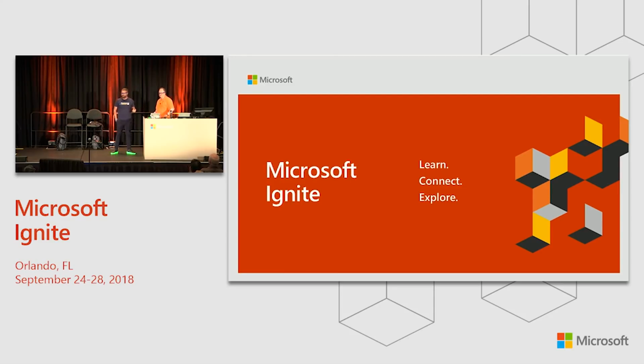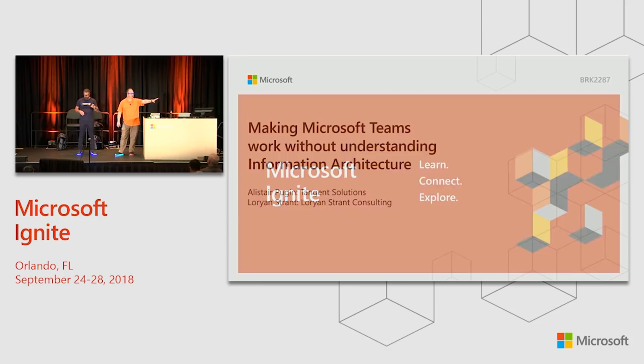All right. My name is Alistair. I'm an Office Apps and Services MVP, and we thought we'd make it exciting for you by wearing some cool stuff, because information architecture is quite dull. I'm old school knowledge management, so it's not dull for me, but Teams does scare me. Because we're also social junkies, we're going to take selfies with that half of the crowd and then that half of the crowd.